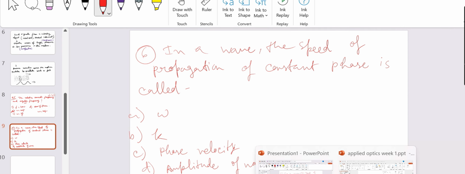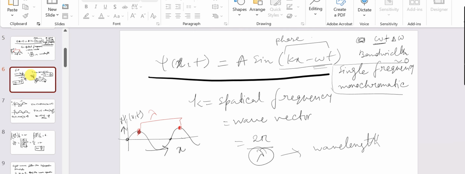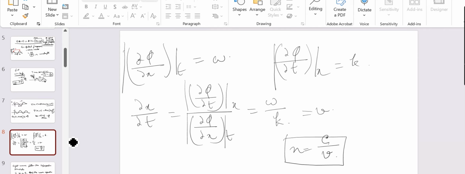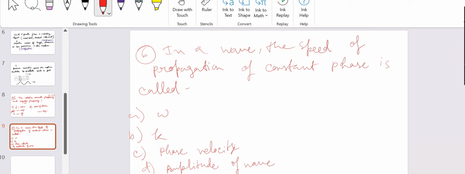As I discussed in the last tutorial, this is the phase, and the phase moves with dx by dt, which is omega by k, called phase velocity. The velocity at which the phase moves is the speed of propagation of constant phase. So this is the right answer.